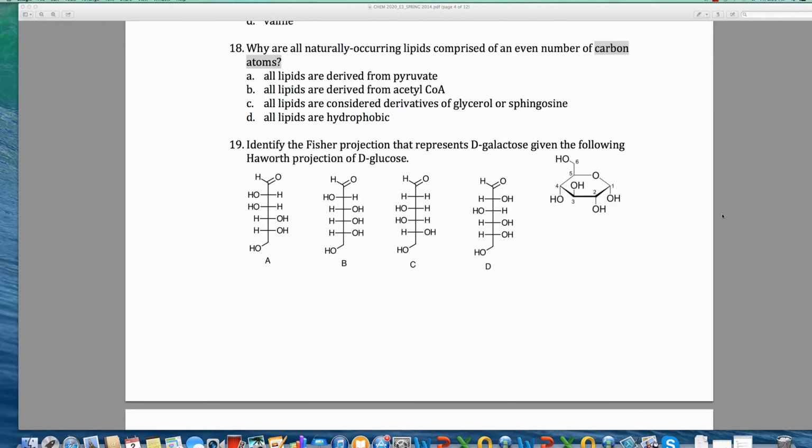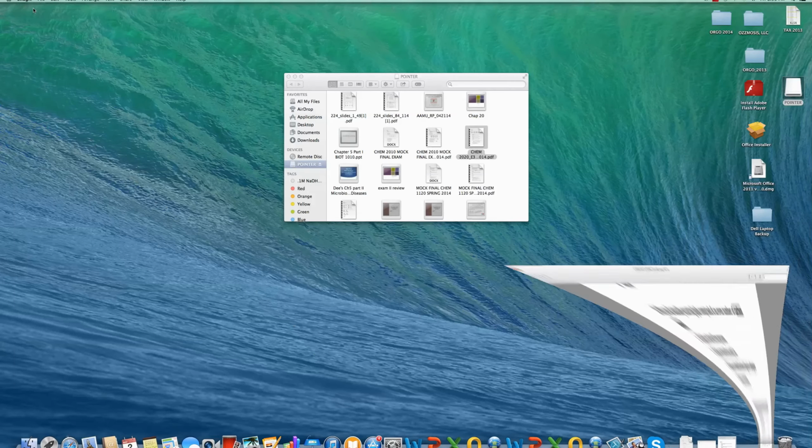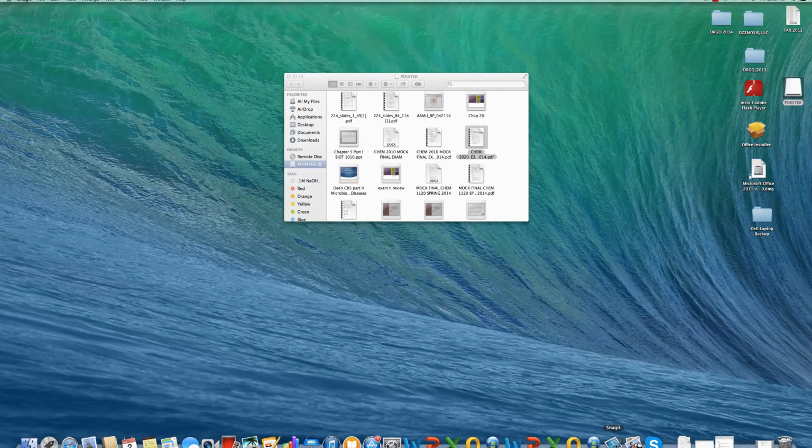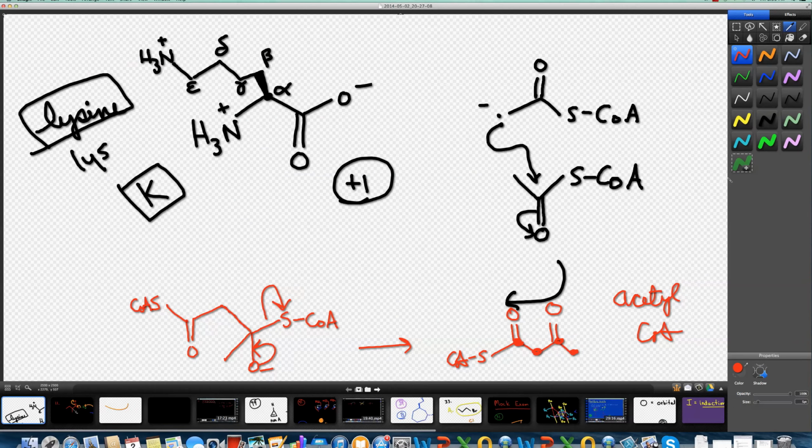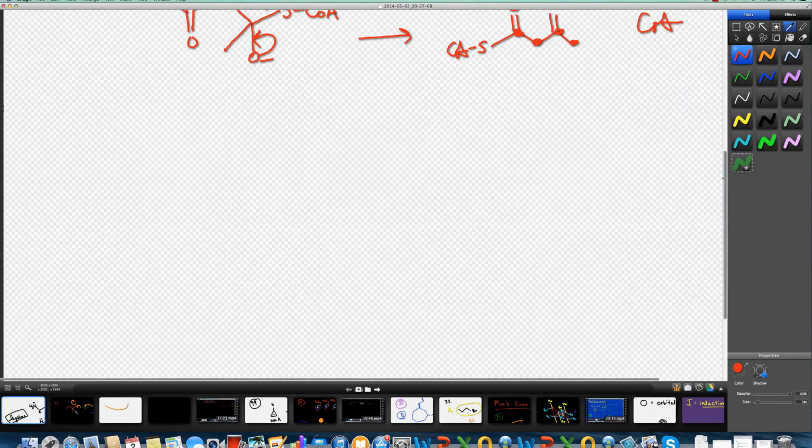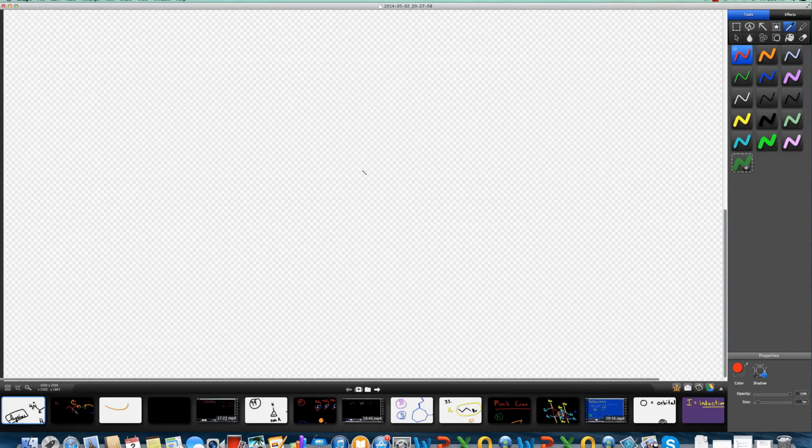Number 19, we want to identify the Fischer projection that represents D-galactose. A couple of things to remember here. One would be the original structure of glucose in the Fischer projection. So we went over this numerous times in class.